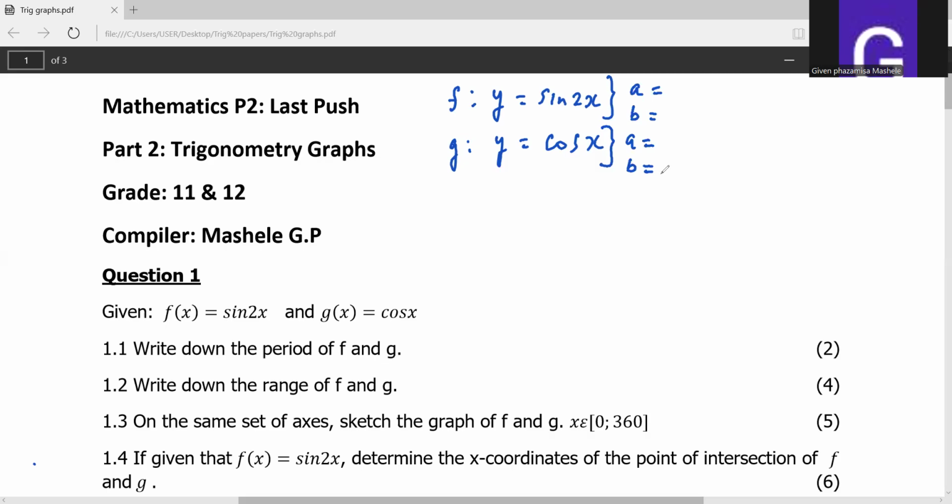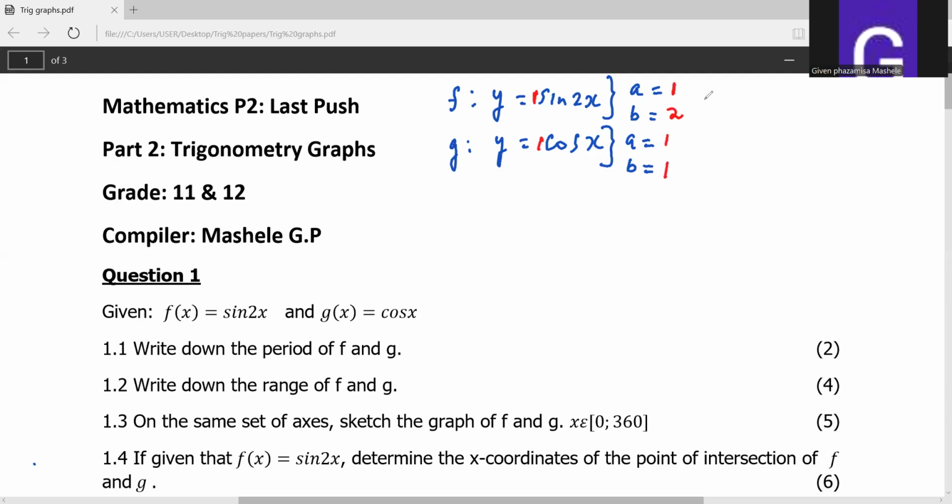We're going to start with the first one by looking at sine 2x. The coefficient of sine is 1, and the coefficient of x is 2, which means the amplitude is 1 and the period factor is 2. For cos x, the amplitude is 1 and the period factor is 1.